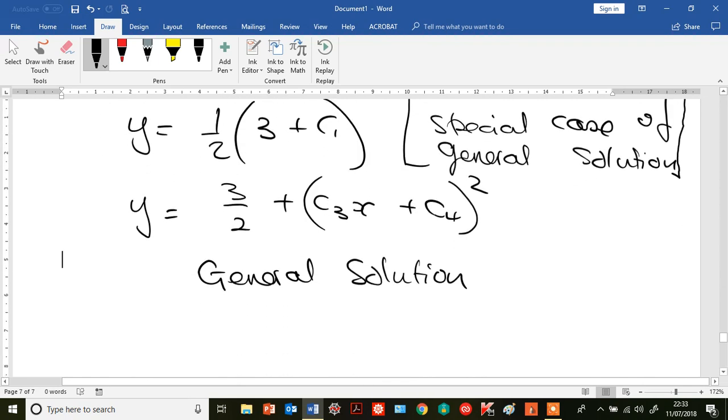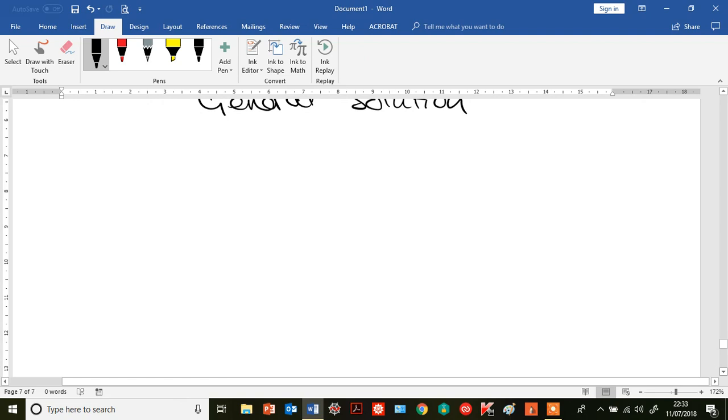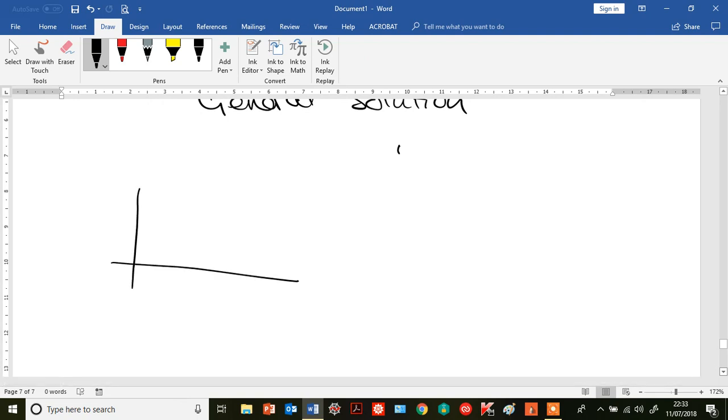In the first case of y equals a half of 3 plus C1, that's quite easy to graph, because what you've got is, well, we'll just write it here, y equals 3 over 2 plus a half of C1.